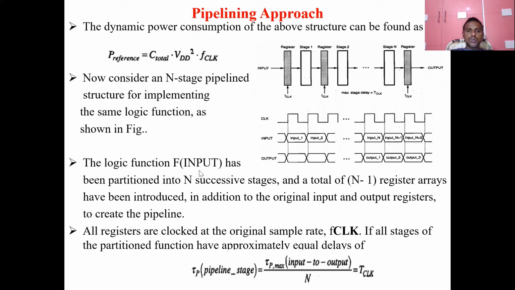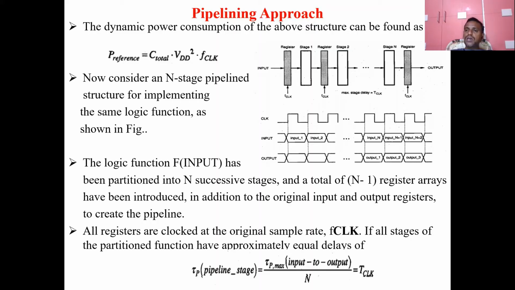Because here the logic function has been partitioned into n successive stages, there are n minus 1 registers in addition to the original input and output registers, to create the pipeline. That means we have two capacitances here.